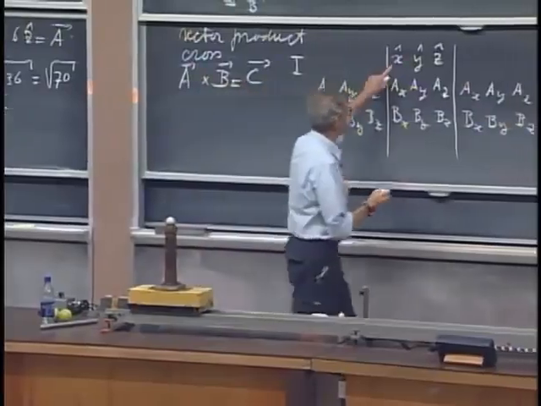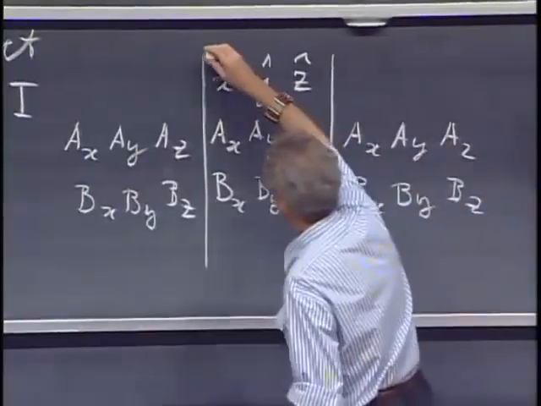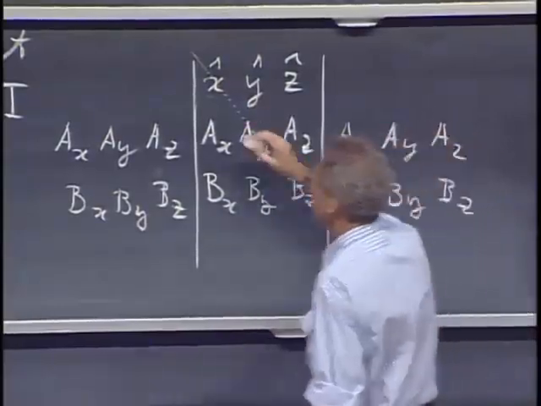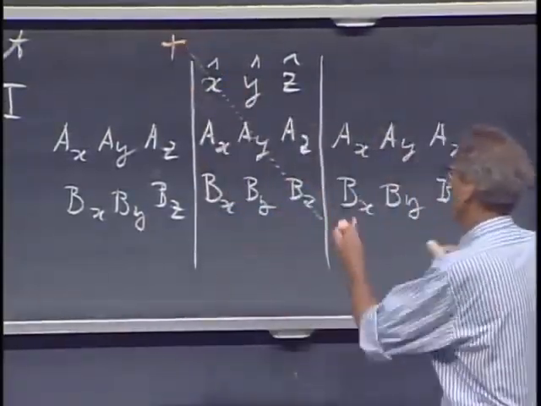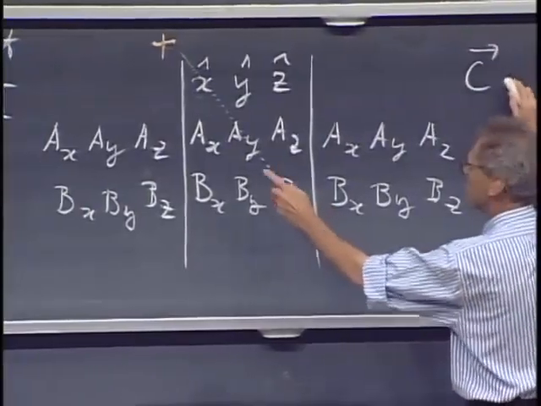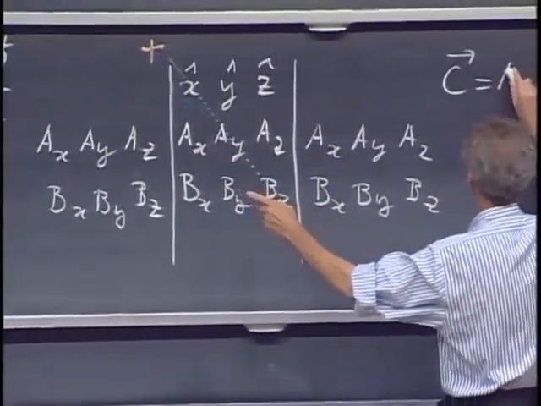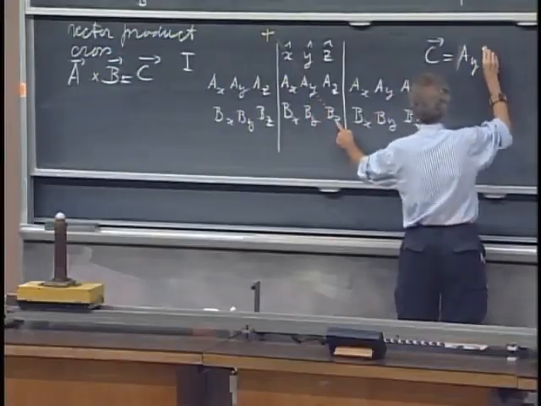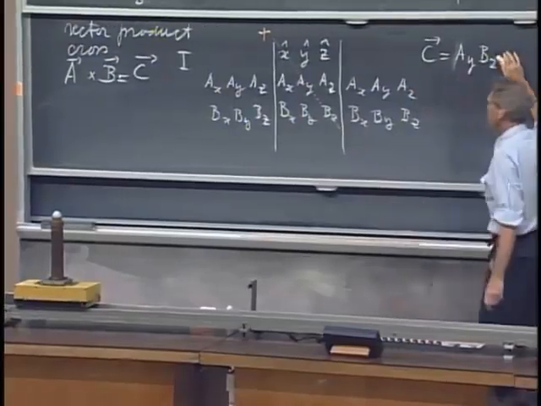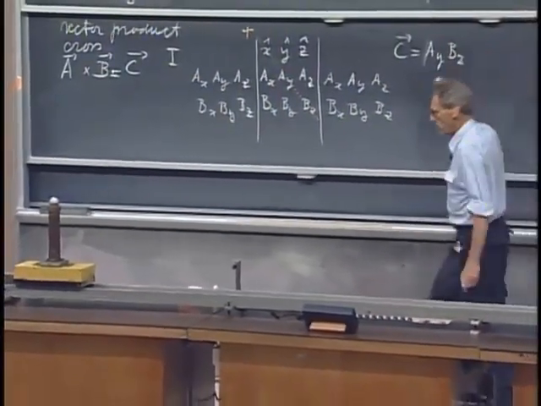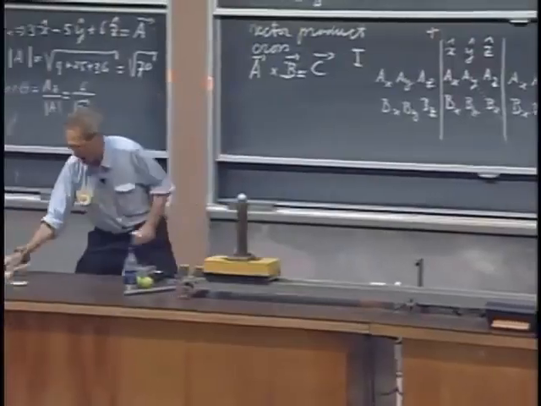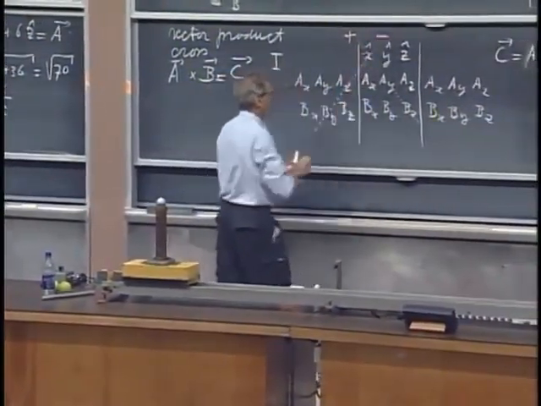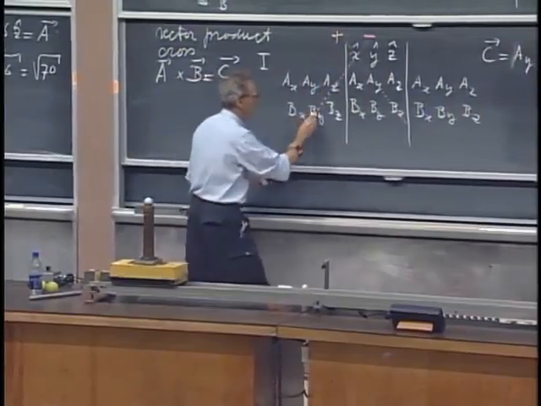You go from the upper left-hand corner in this direction. You multiply all 3, and that's a plus sign. So you get C, which is A cross B, equals AY times BZ times the X roof. But I'm not going to put the X roof in yet, because I have to subtract this one, minus sign, which has AZBY.